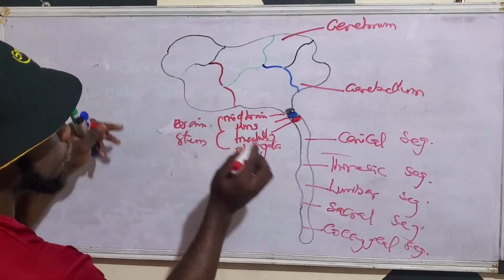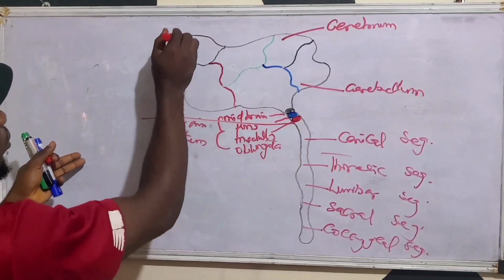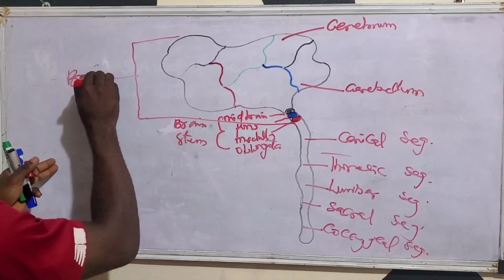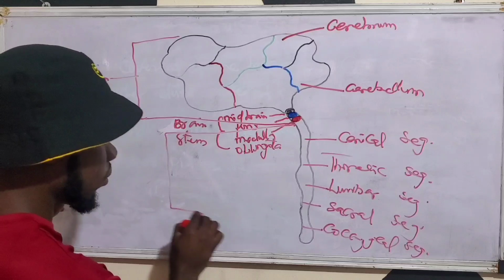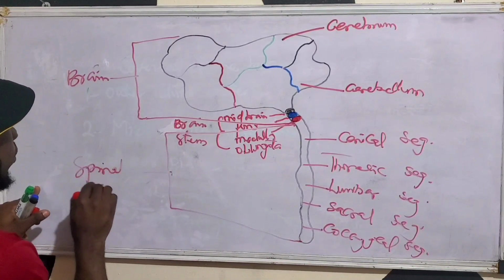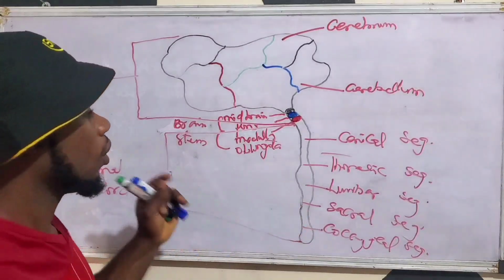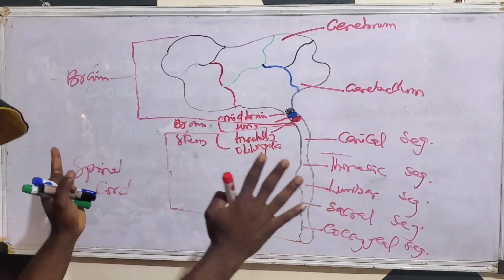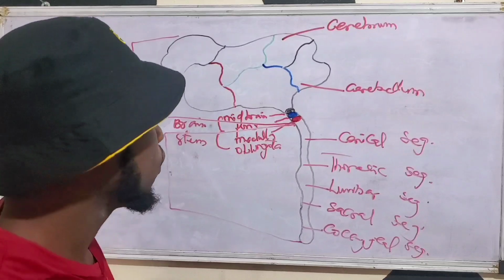From here is the brain. Now, from here down to here is the spinal cord. Let me give you time to look at it very well. All right, now let's go to the parts of the brain.